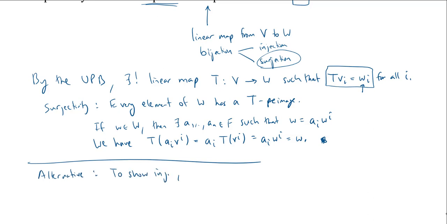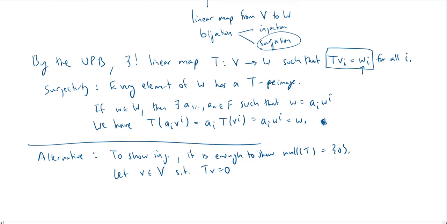So to show injectivity, it's enough to show that the null space of T is equal to 0. Well, let's let something be in the null space. So we'll let v be in V such that Tv equals 0. Again, we can write v in terms of the basis.